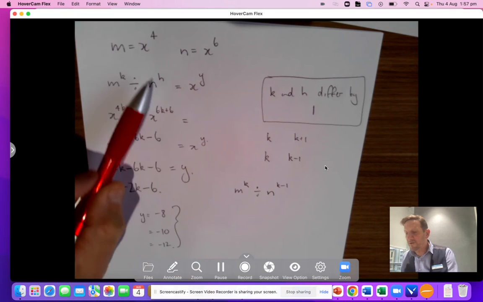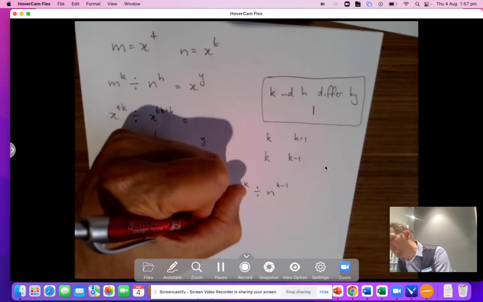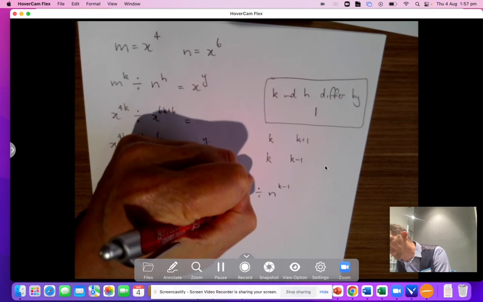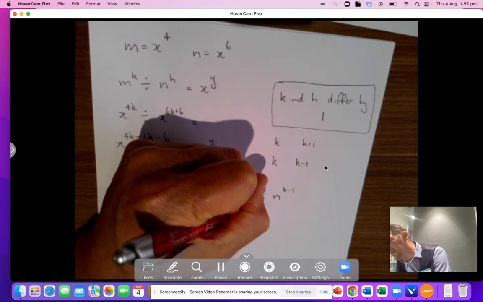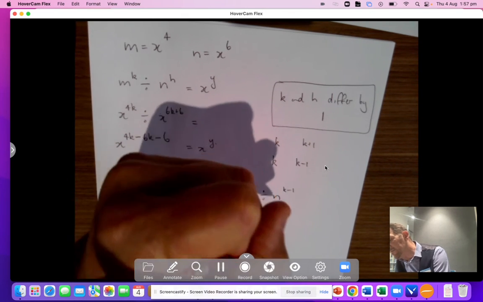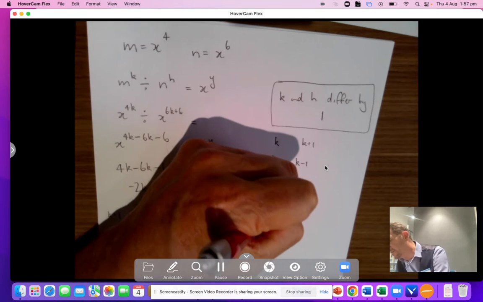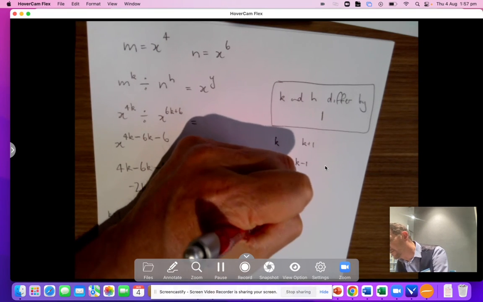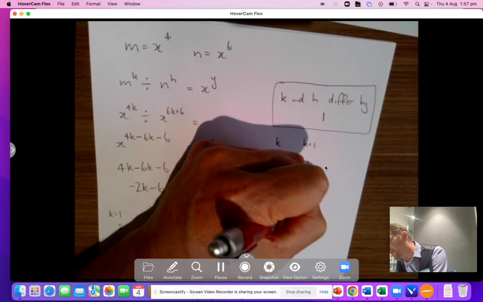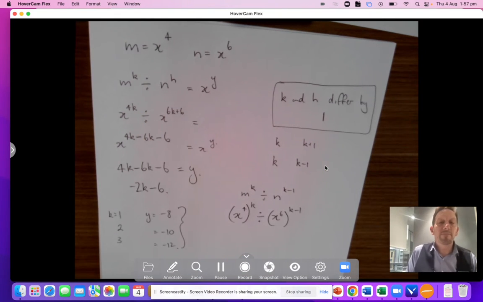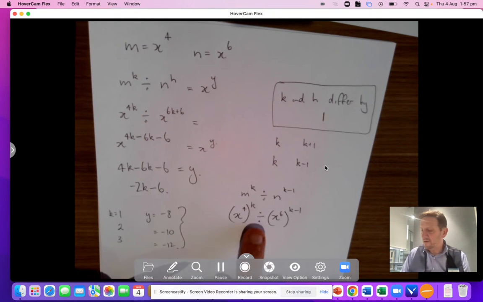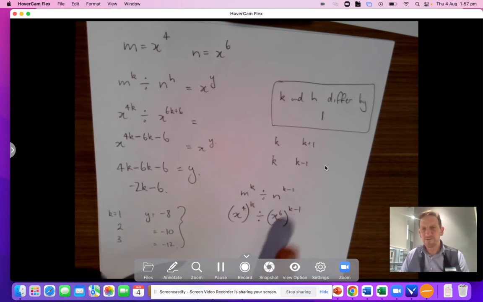Now, what does m equal? x to the power of 4. So it's x to the power of 4 outside of k divided by, what does n equal? x to the power of 6, x to the power of 6 outside of k minus 1. Now, maybe you can see what might happen here is this negative, when we minus the indices, that's going to make that a positive.